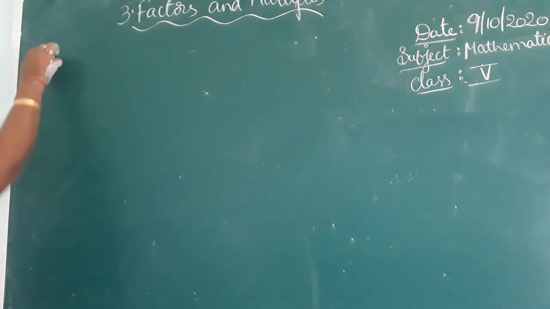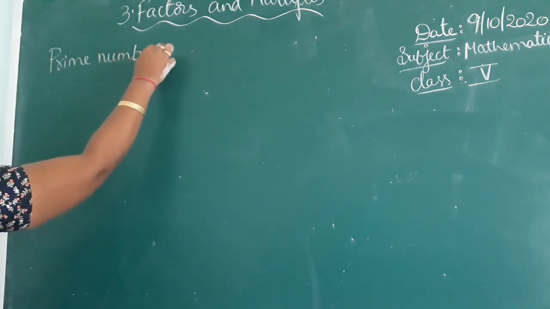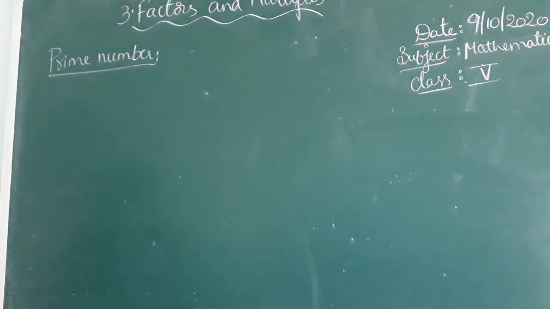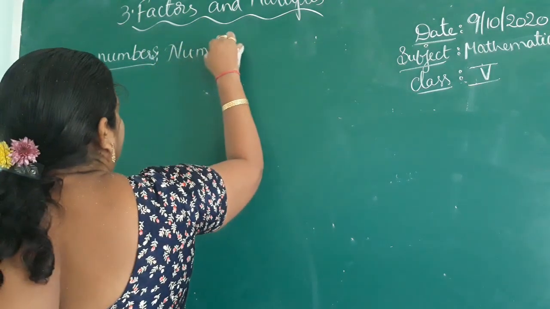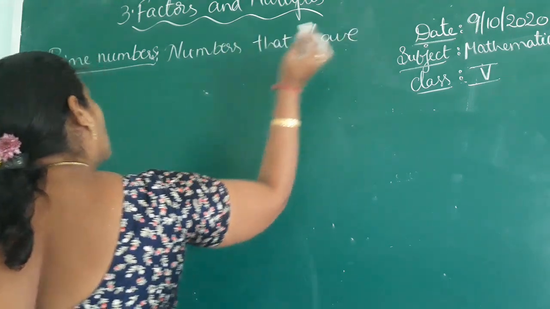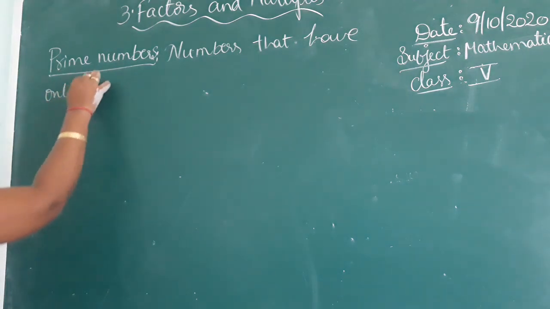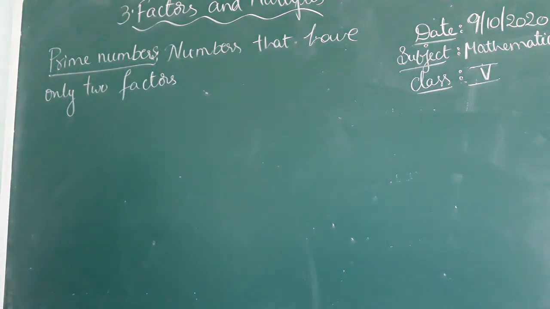Next one, prime number. What is meant by prime number? Numbers that have only two factors. What type of numbers are those?